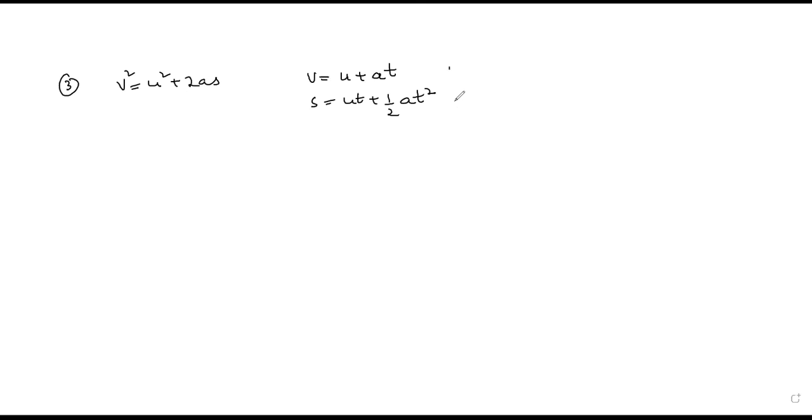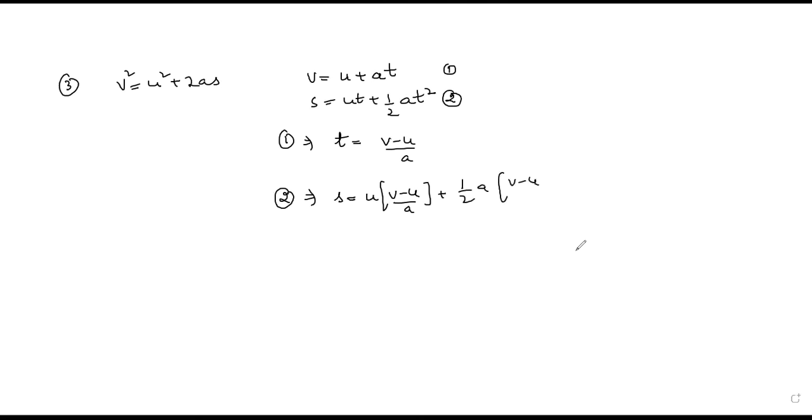So equation number 1, equation number 2. From 1 you can find the value of t. So t is (v minus u) over a. We will substitute this value in equation number 2. So equation number 2 now suggests s is equal to u times t plus half of a, and then t has been squared. We will just simplify it.